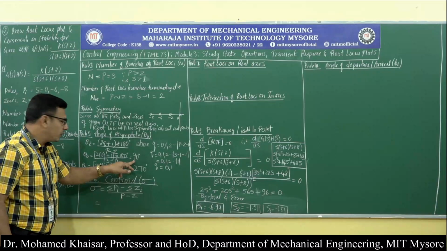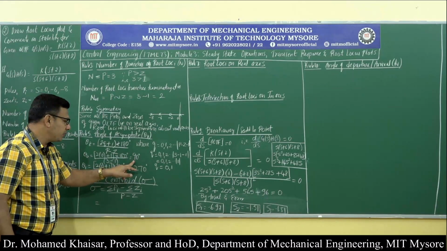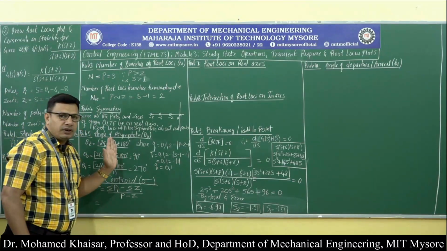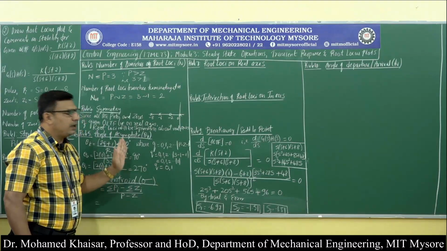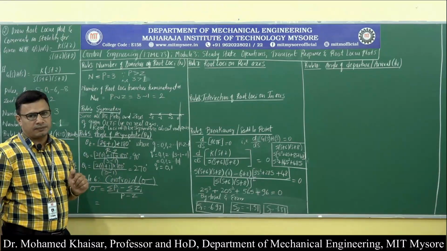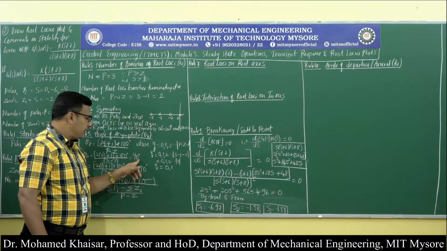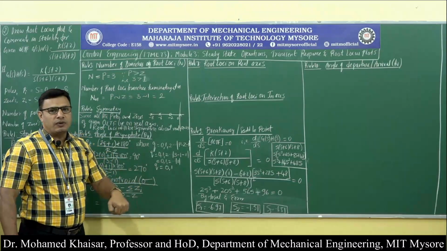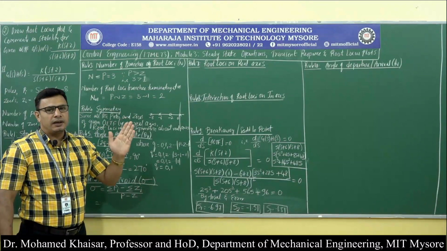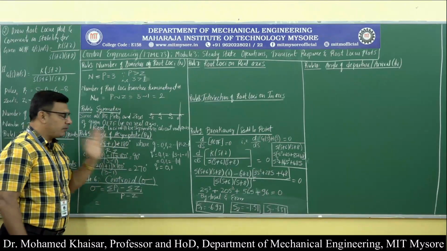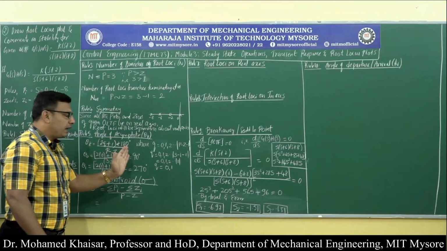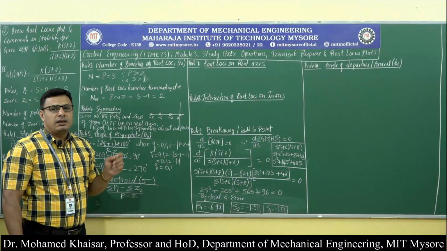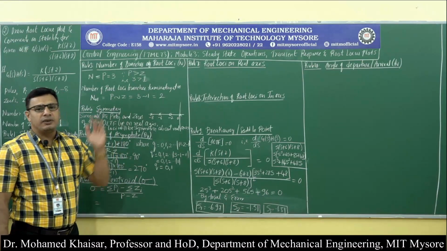The moment you know these angles, one asymptotic straight line is going at 90 degrees, the other at 270 degrees. That means the asymptotic straight lines will be going parallel to the imaginary axis in the S-plane. 90 degrees is vertically upwards, 270 degrees is vertically downwards, and they are parallel to the imaginary axis. Once they are parallel to the imaginary axis, they are never going to cross it, and we know that the branches of root loci travel along asymptotic straight lines.